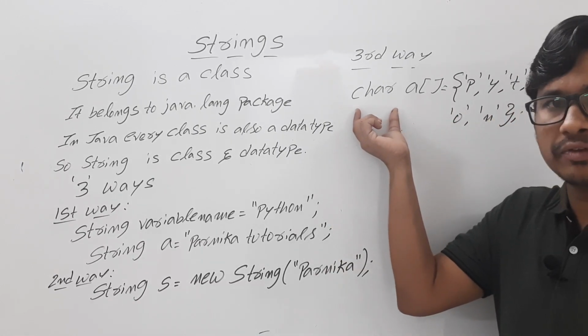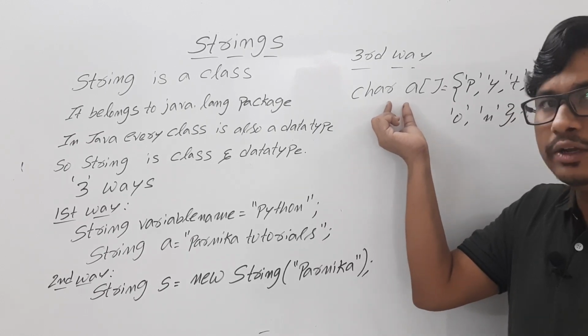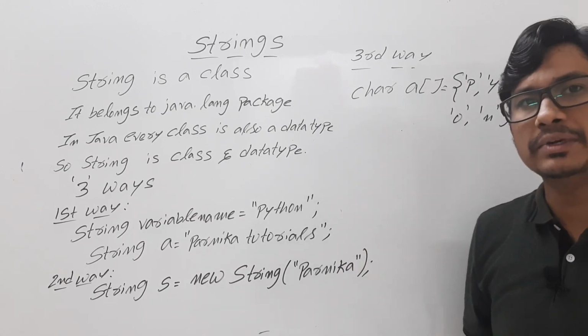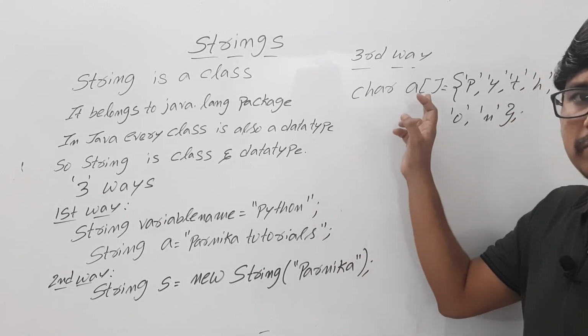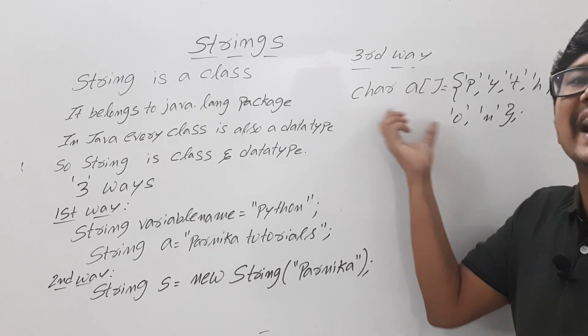Here the data type of the array is char and the name of the array is A. We have already discussed how to initialize values in a one-dimensional array: data type, array name, open the braces and the values. Now you have a character array.